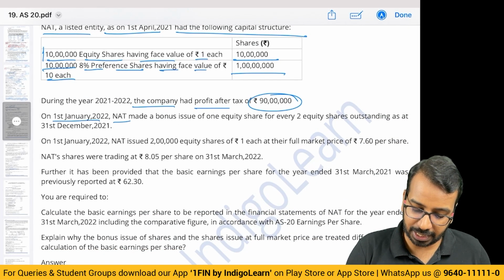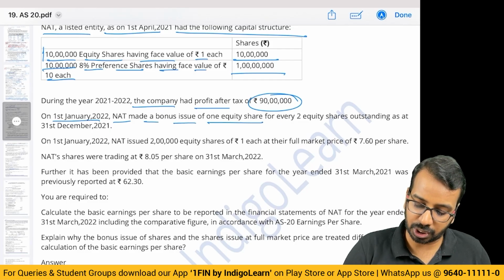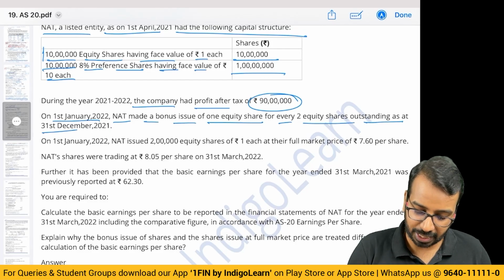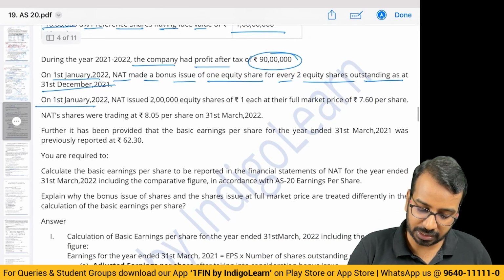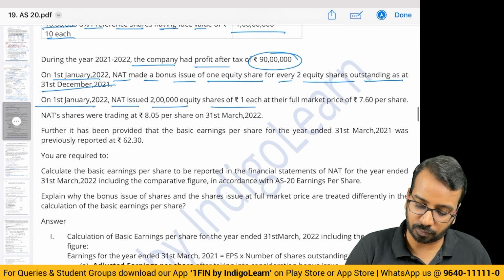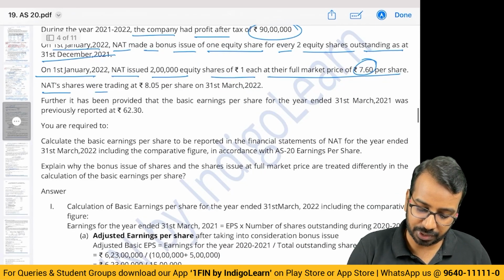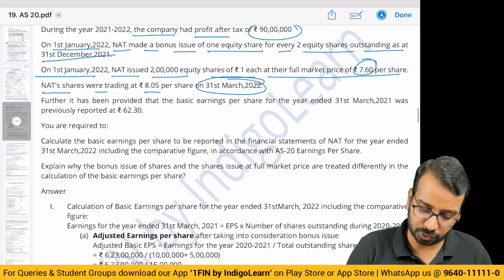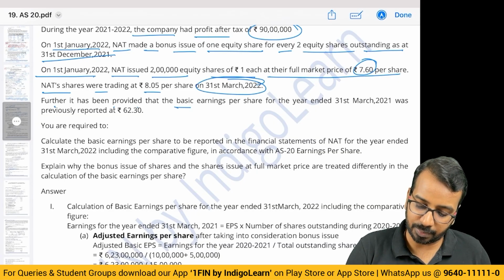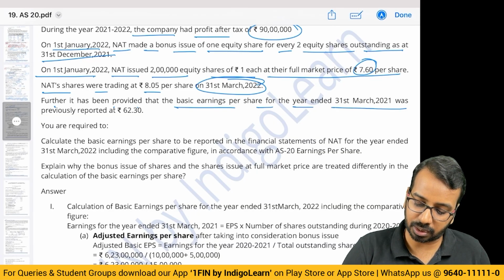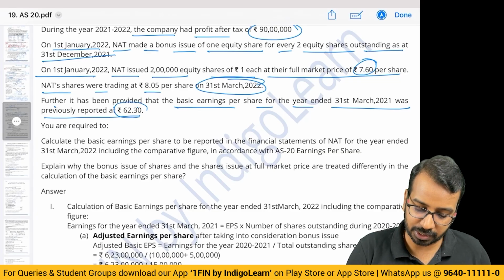On 1st January, NAT made a bonus issue of 1 equity share for every 2 equity shares outstanding as of 31st December. On 1st January, they issued 2 lakh equity shares of 1 each at their full market price of 7.6. NAT shares were trading at 8.05 on 31st of March. Further, it has been provided that basic earnings per share for the year ended 31st March was previously reported as 62.3.